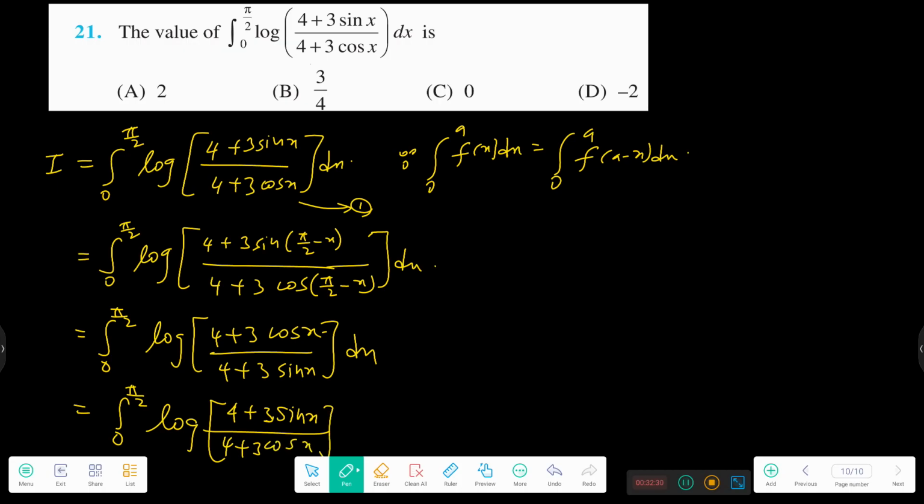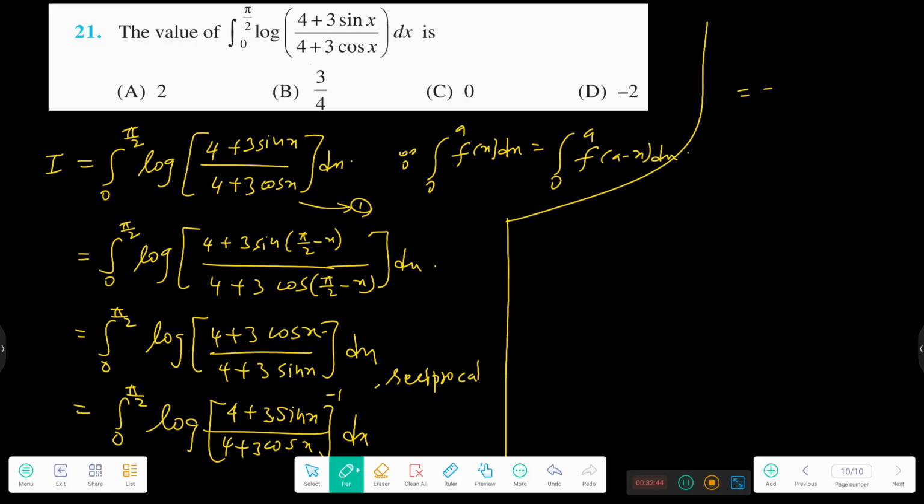If I do the reciprocal, the power will be negative. Then the power you can bring in front. So minus the integral from 0 to pi by 2 of log of (4 plus 3 sin x divided by 4 plus 3 cos x) dx. This is equation number 2.